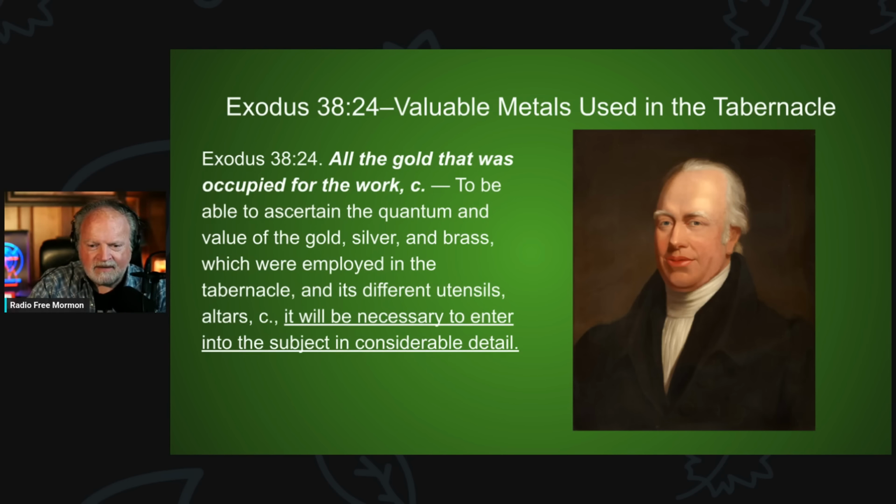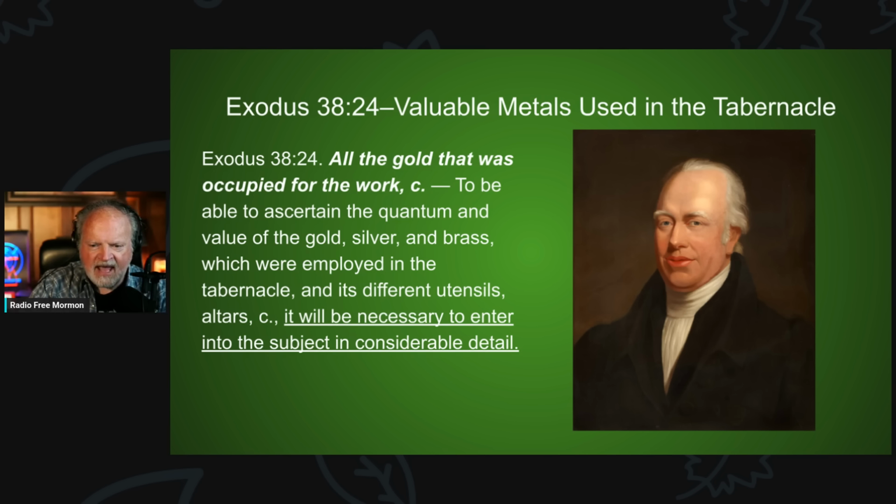Adam Clarke, in his commentary in the book of Exodus, chapter 38, verse 24, where it talks about valuable metals like gold used in the tabernacle in the wilderness. Exodus 38:24 says, all the gold that was occupied for the work. That's from the Bible.